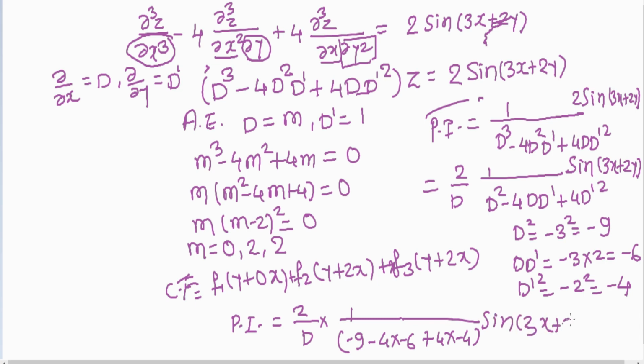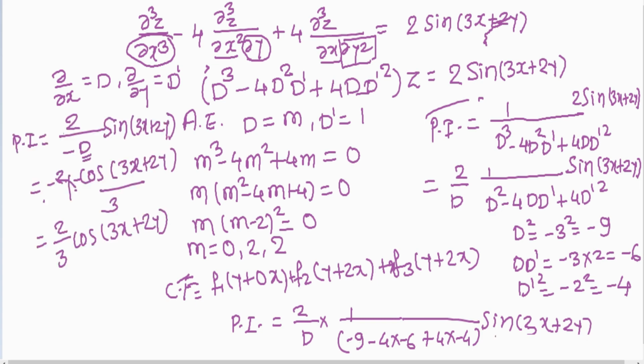This will be minus 9, minus minus gives plus 24, and minus 16, so 9 minus 9 and minus 16 gives minus 25, and plus 24, so we get minus 1.